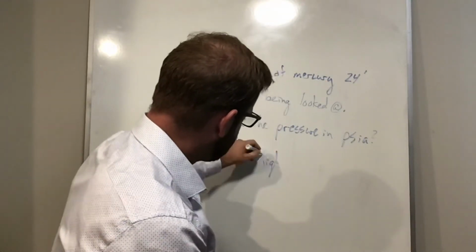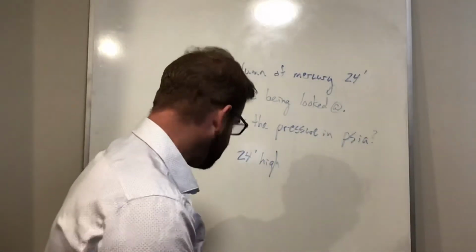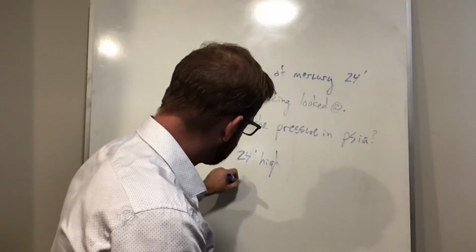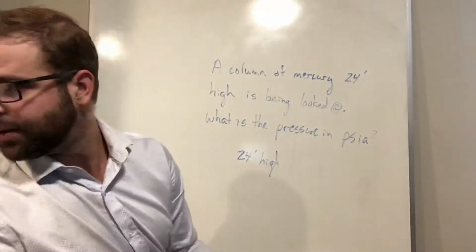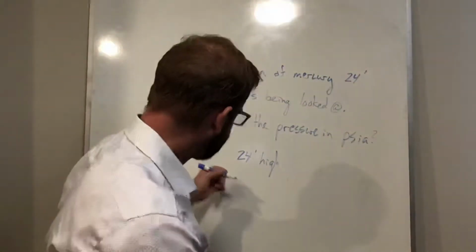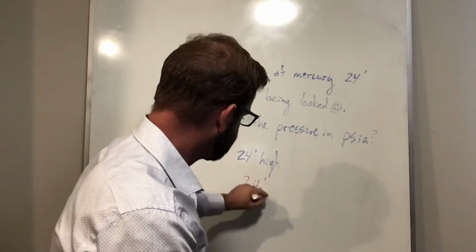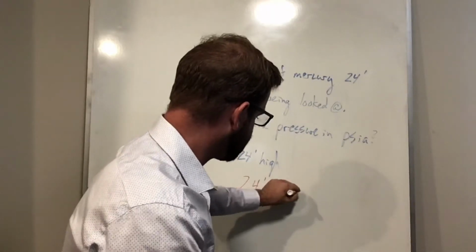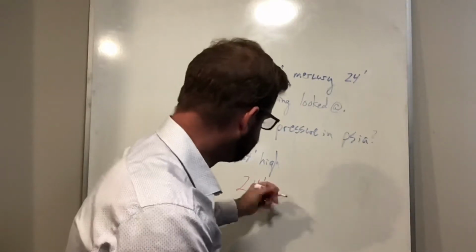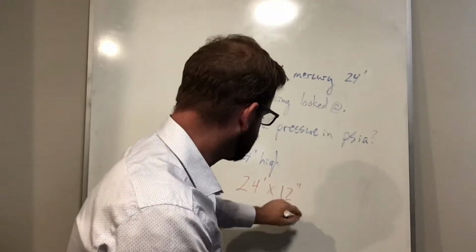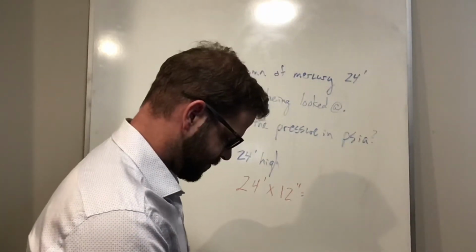And obviously when we're looking at mercury as a measurement, we want to get it in inches. So we've got 24 feet times 12 inches, and that'll tell us the total number of inches that we are using.